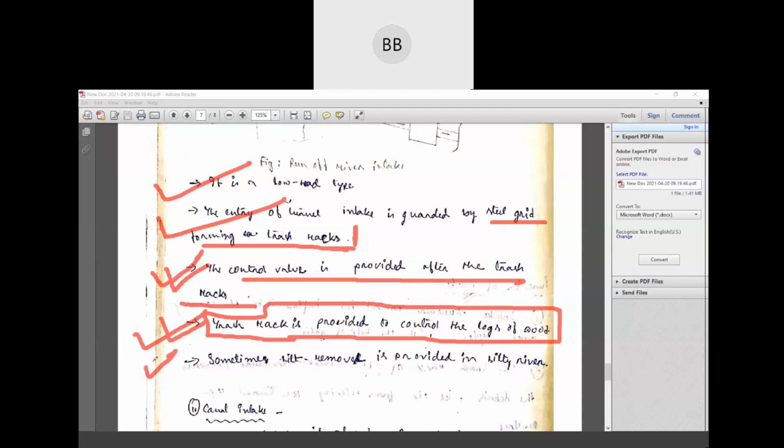And then the last point: if the river carries lots of silt, sometimes we provide a silt removal device. So sometimes a silt removal device is provided in a silty river.